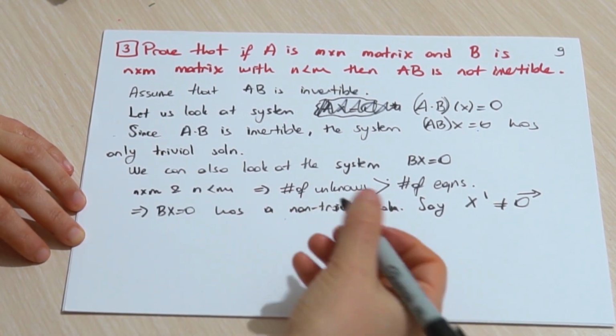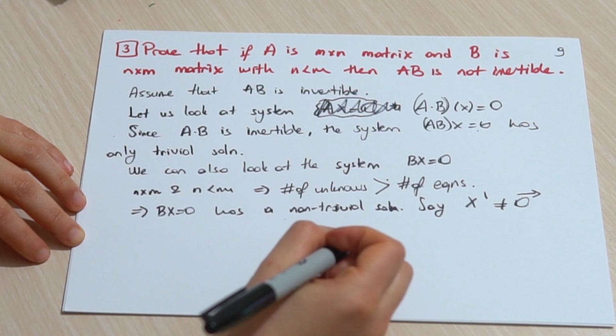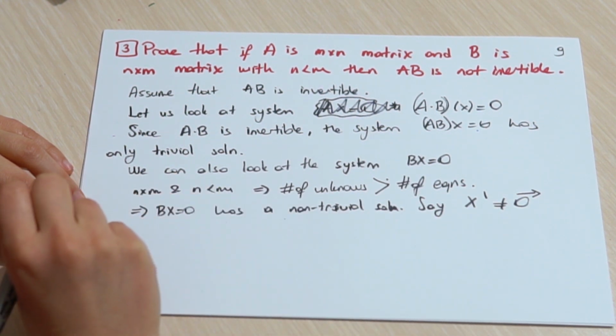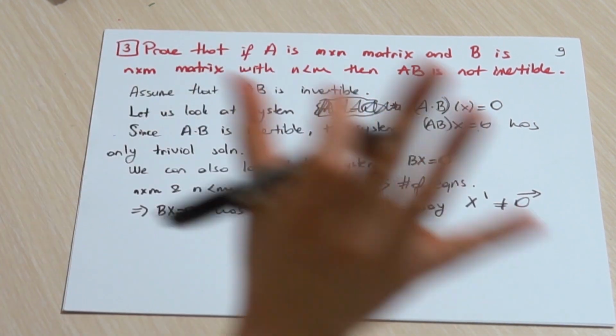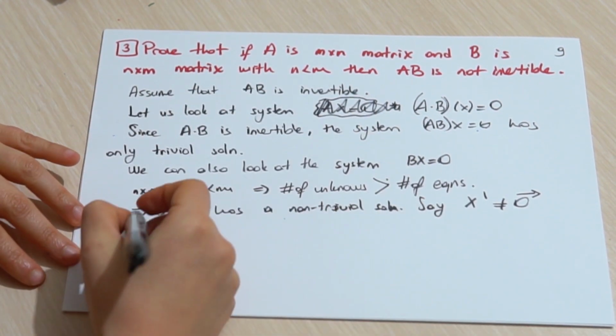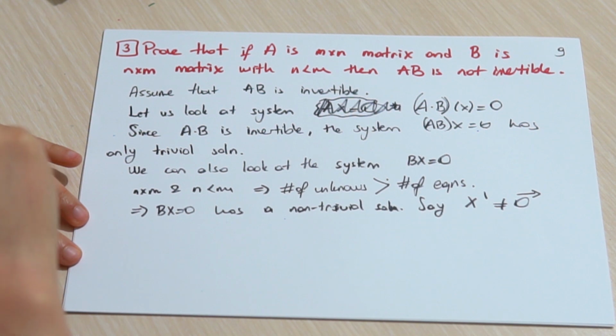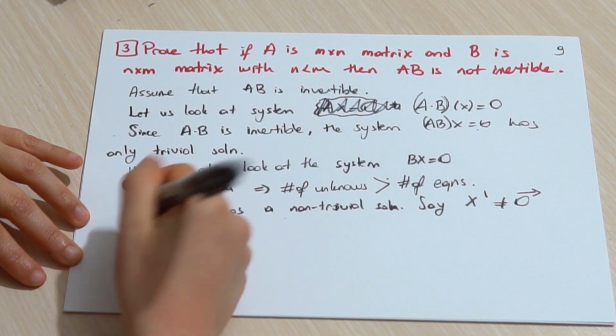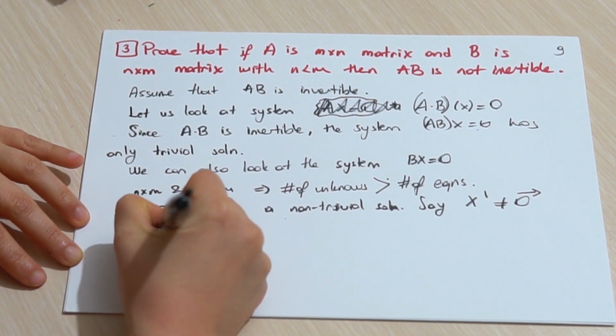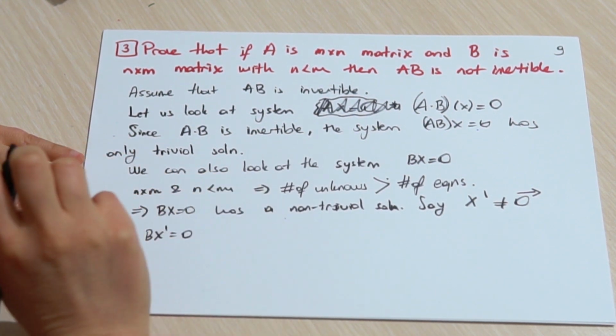Now, let's look at this as a non-trivial solution. We are taking any of these solutions, and this is B times x prime is equal to 0.